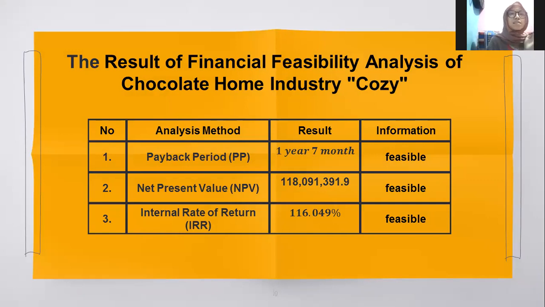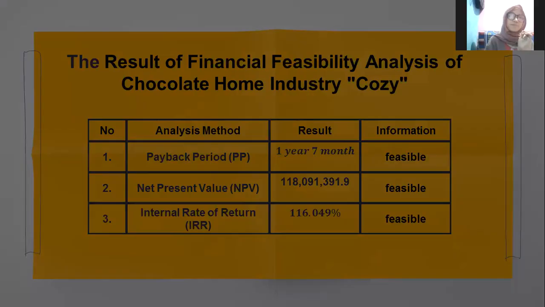From the net present value or NPV method, we get the result 118,391,9, that means it is feasible to run. And for internal rate of return we get 116.049% and it is feasible to run. Next.